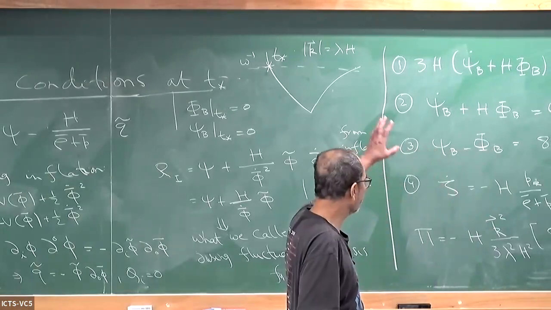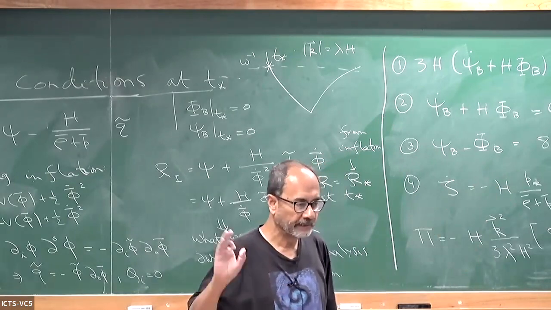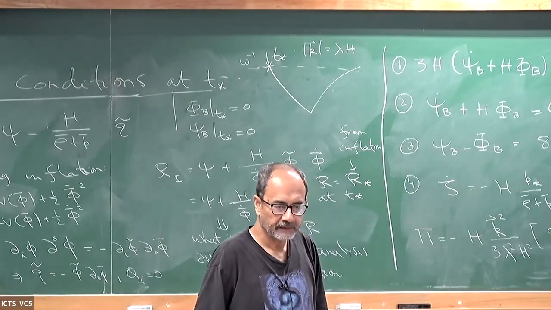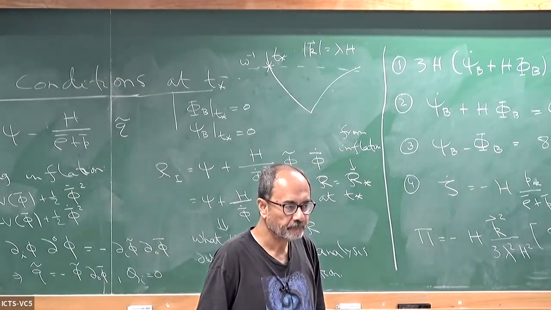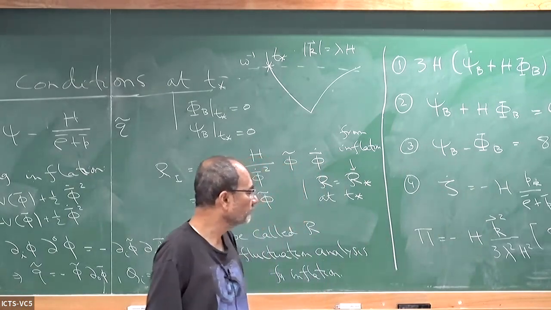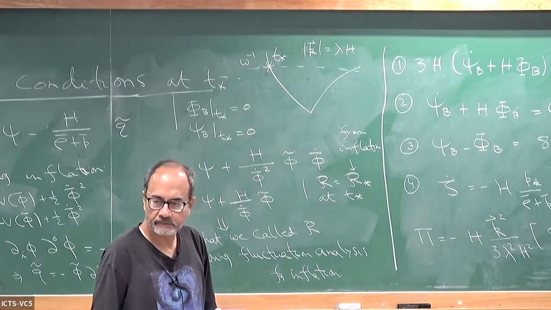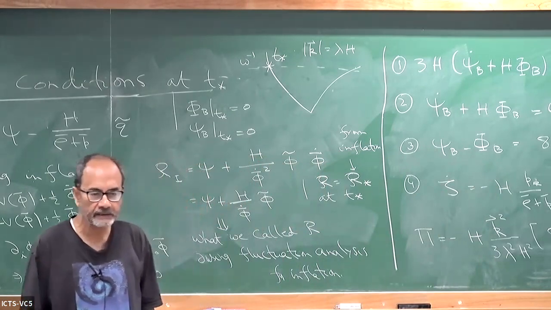So these equations, together with those initial conditions, we can now use to evolve the fluctuations. Is it okay?